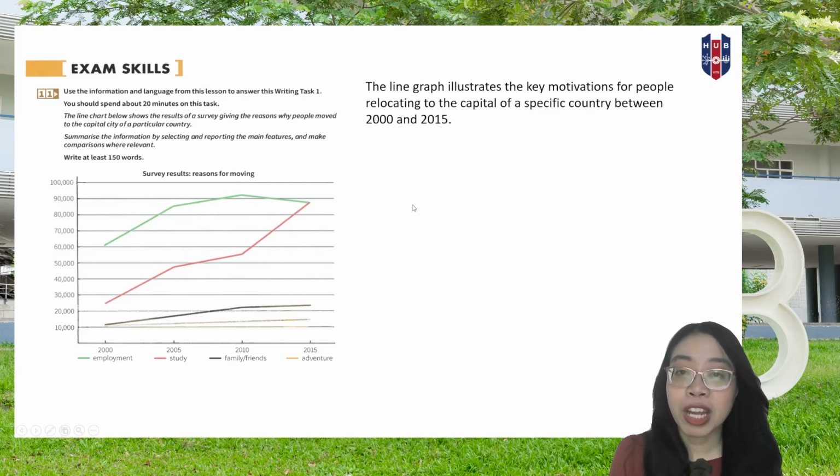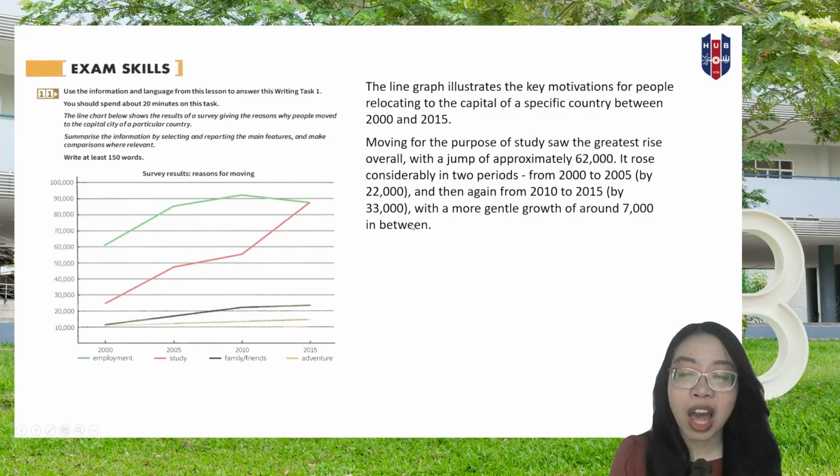So for the next part, the sample chooses to talk about the body first before moving to the overview. So let's take a look at their first body paragraph. They have the transition words here, moving for the purpose of study. So here the purpose of study is the red line. They describe it in greater detail here in the body.